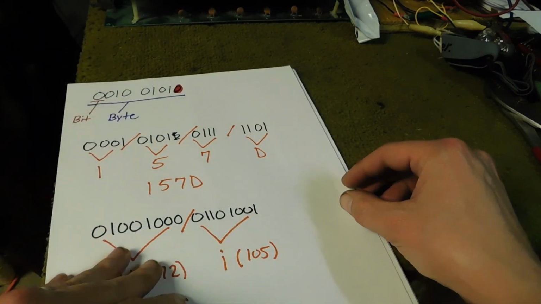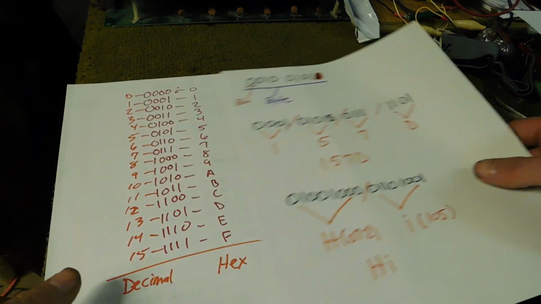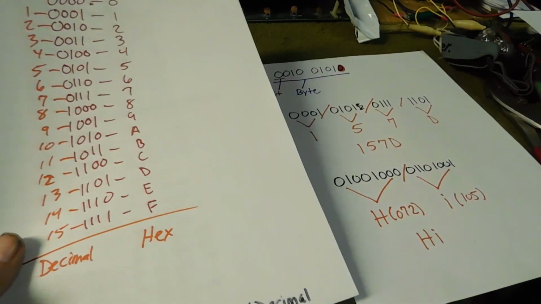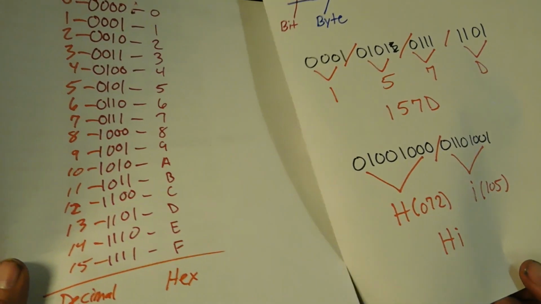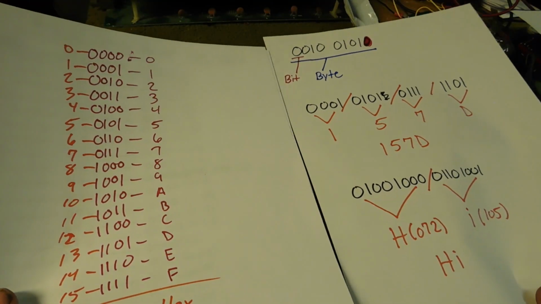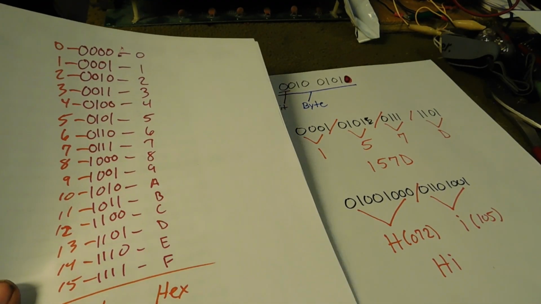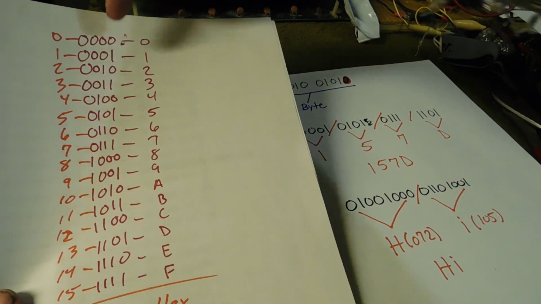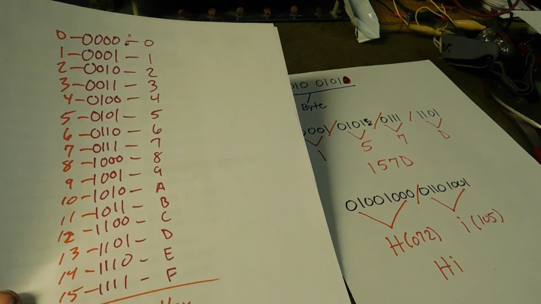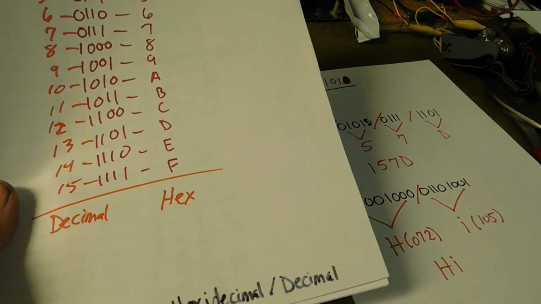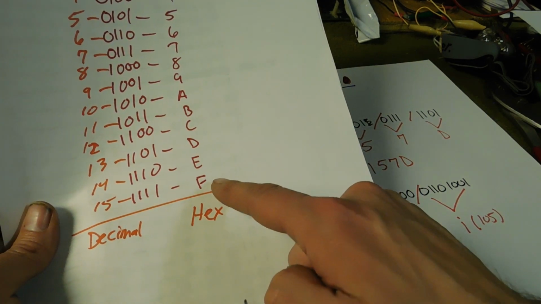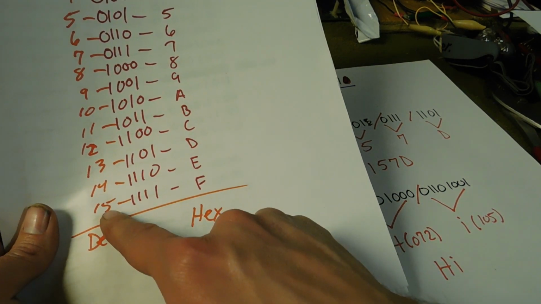Now, just to make things a little simple, I'm going to keep this page out so you can kind of see it while we look at this, which is the binary to hexadecimal conversion chart, okay? So, when we look at the binary to hexadecimal, if you have zeros all the way across the board for our 4 bits, that creates 0. Well, if you have 1s all the way across the board, that creates the letter F, or the decimal 15.